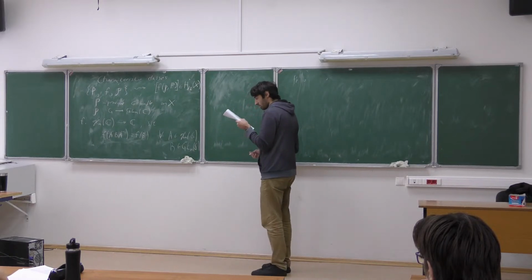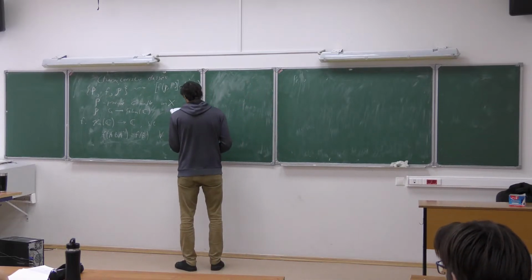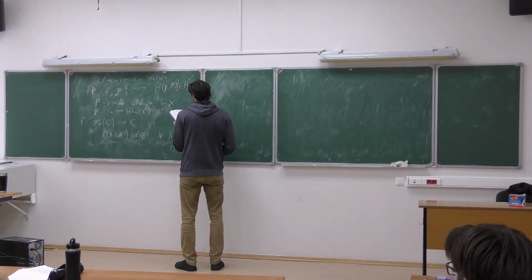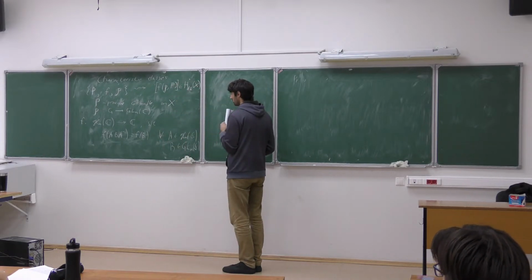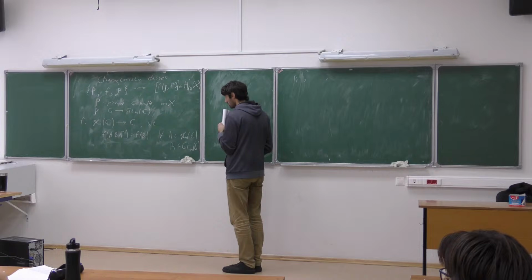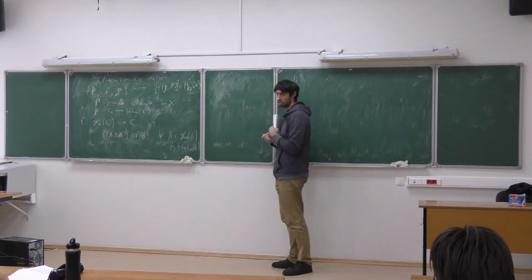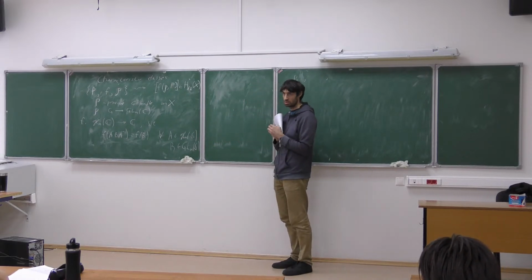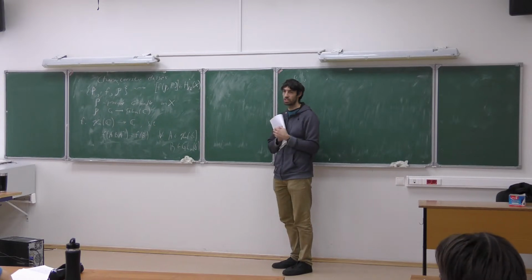Okay, so how do I want to do this? Well, first, I will do it using some connection. So suppose that I have a P. So first I will choose a principal connection on P, and then construct something and then prove that this actually does not depend on the connection.